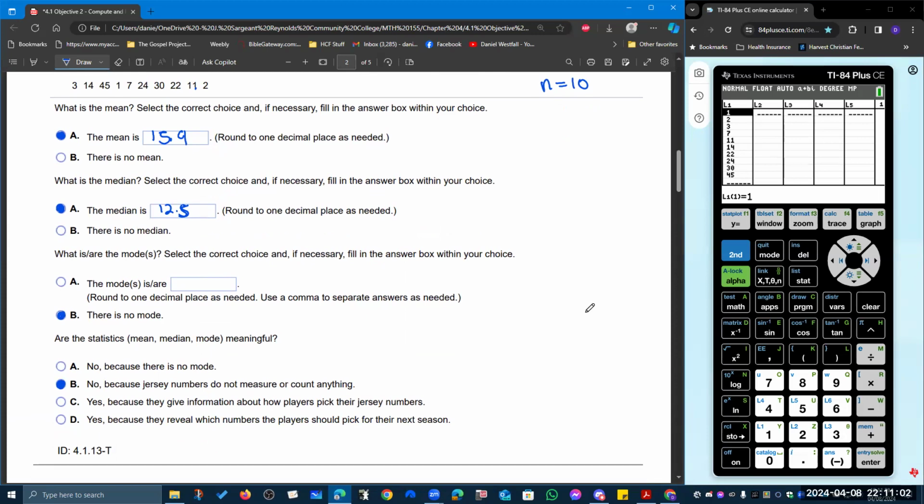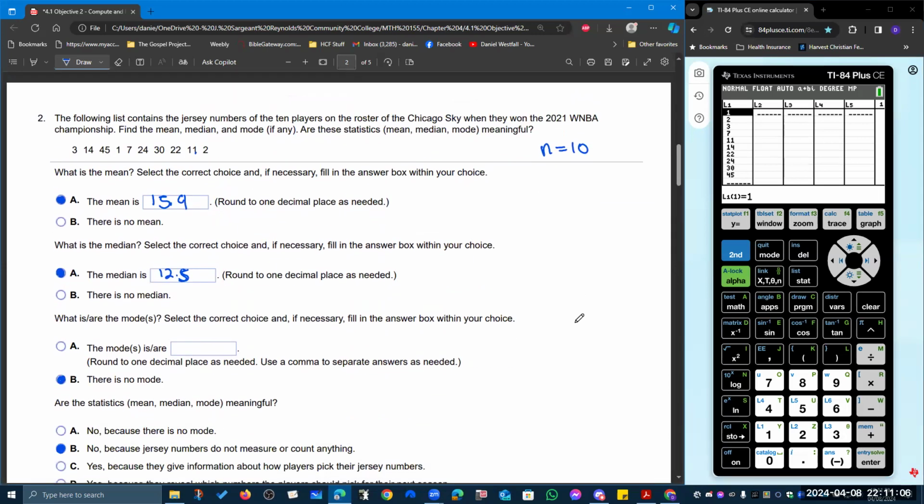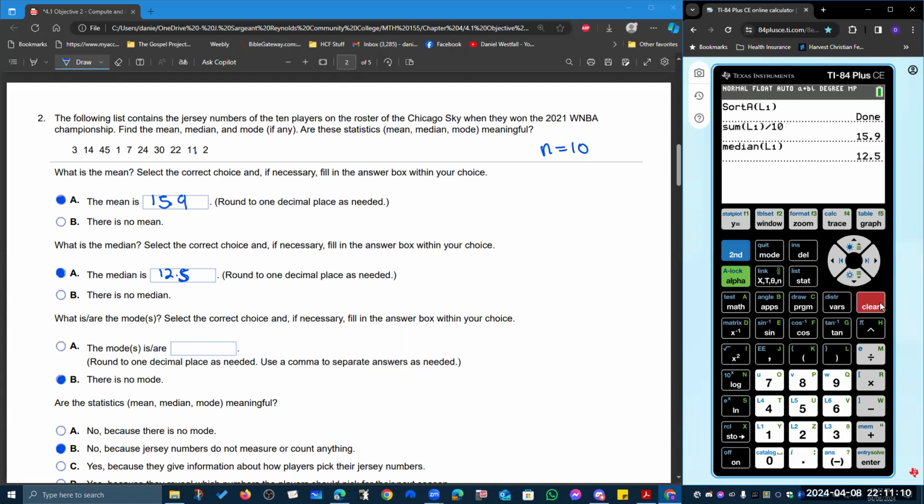So let's now use a different tool that's available to us here that's going to be very helpful later on. Once I put the data in the list, I can arrow over to calculate and go to one variable statistics, and it asks me what list I want to calculate. We'll have times that we come back here and we have data in one list and frequency in another. We'll get to that later.